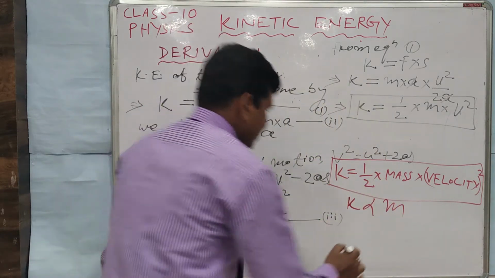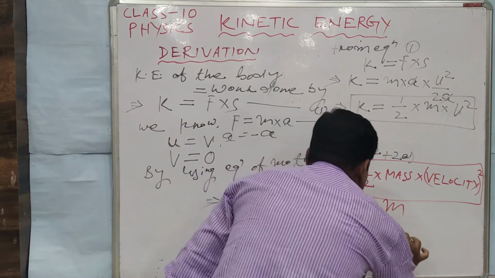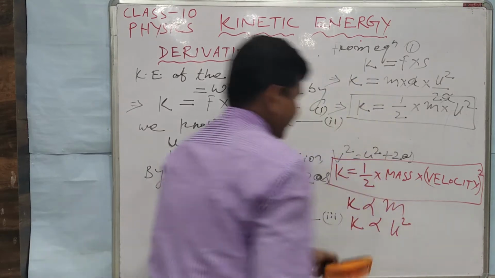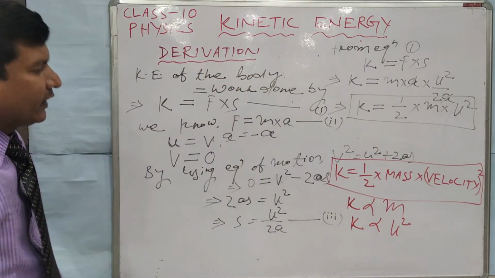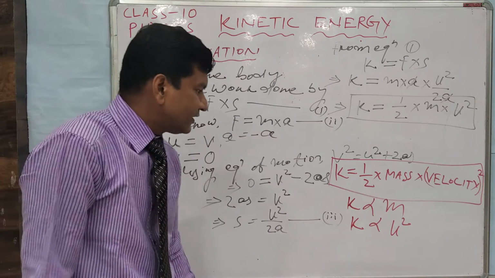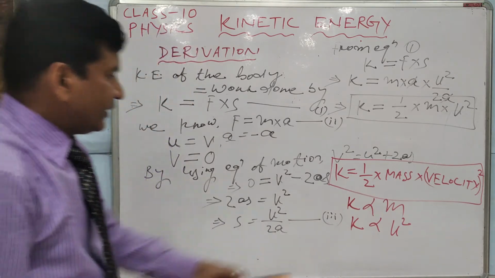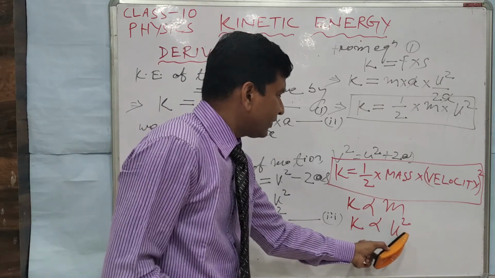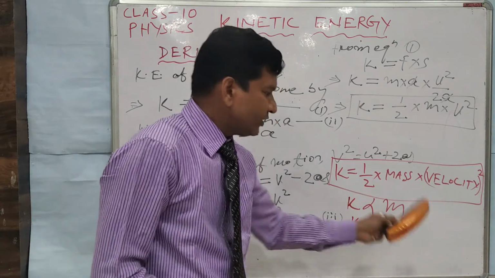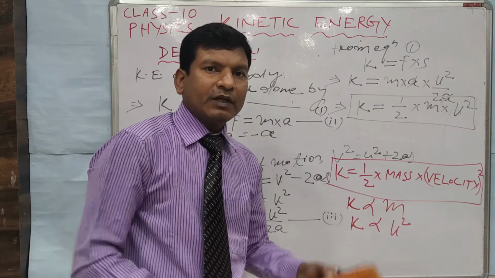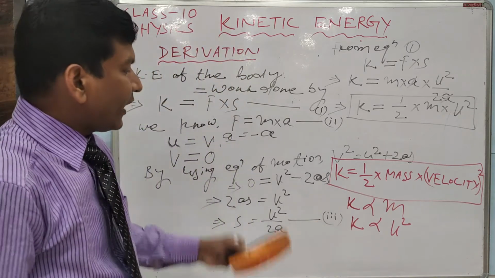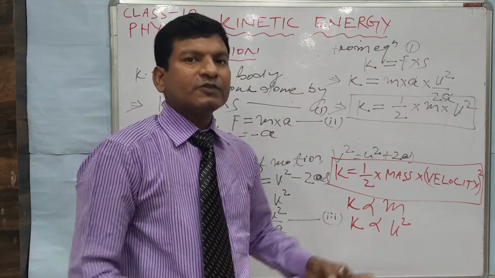Now here you are seeing also kinetic energy is directly proportional to v square, velocity square, which means that if the velocity of the body is increasing, kinetic energy will increase. But how will it increase? Since k is directly proportional to v square, if the velocity of the body becomes double, the kinetic energy of the body becomes 4 times.